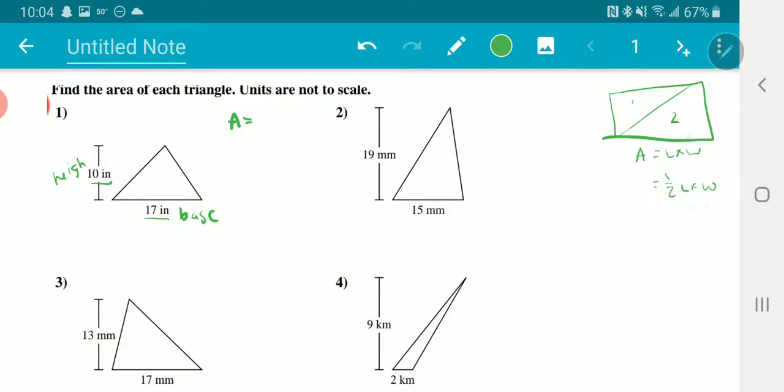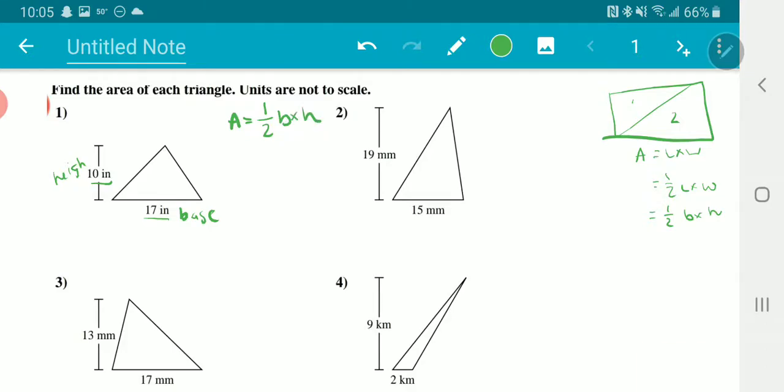We can think of it as length times width, or another way, as base times height. That's where our formula comes from. The triangle is really just half of a rectangle or a square, so it's that length times width, but half. So it's 1/2 base times height. My area formula is going to be 1/2 base times height.